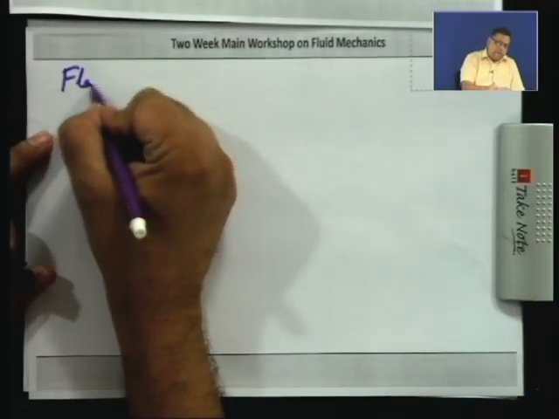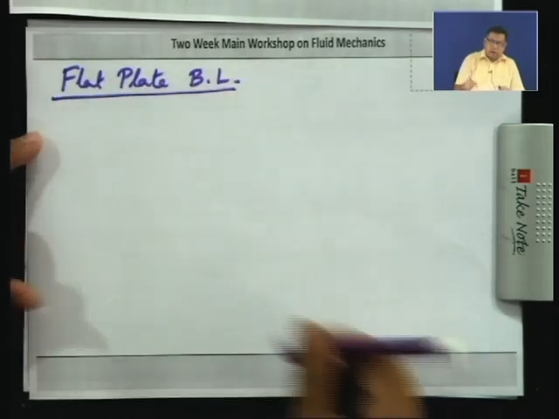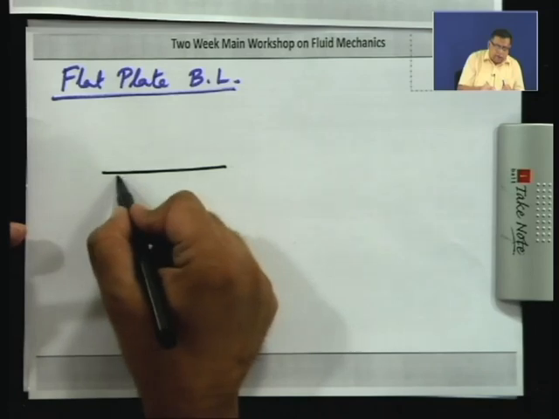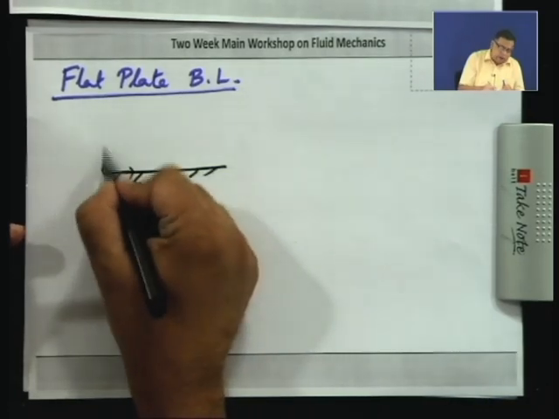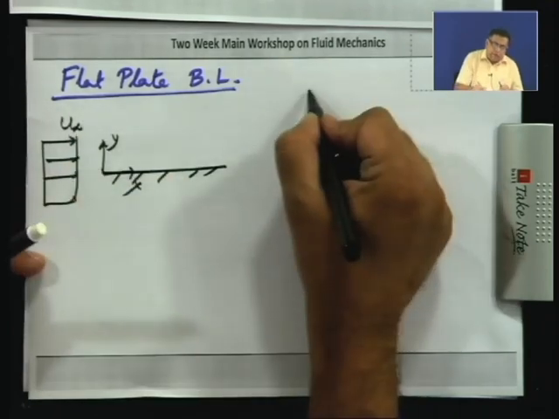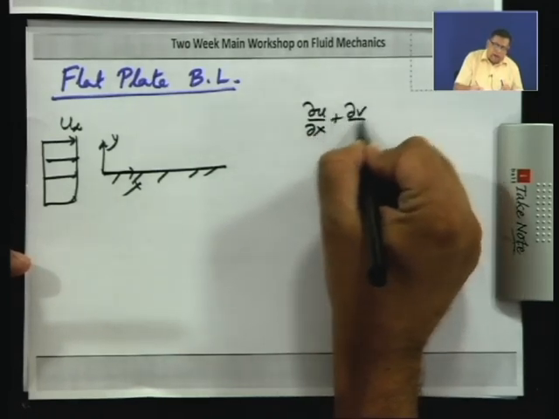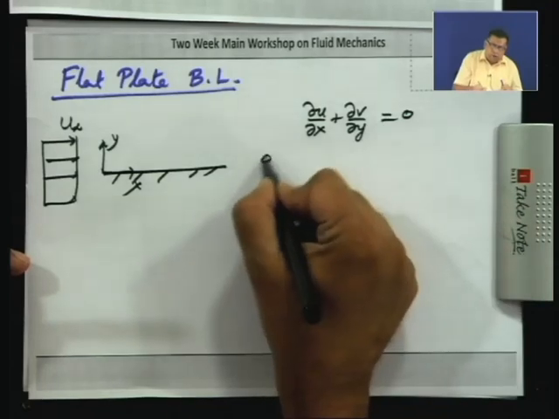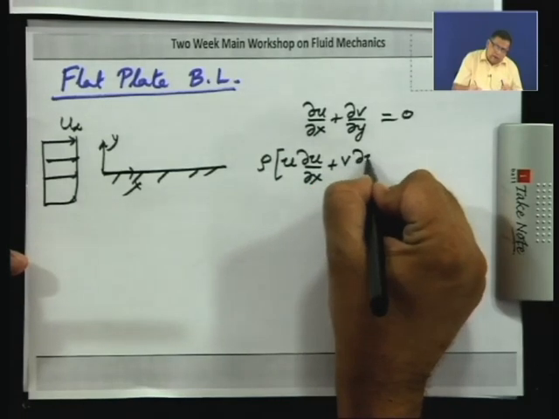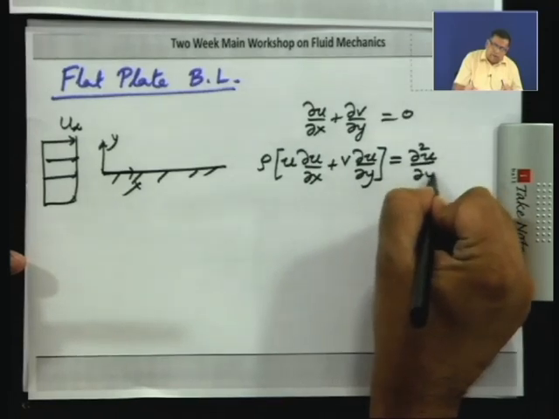So, for the flat plate boundary layer, this is the plate, this is x, this is y, upstream flow is u infinity. We will solve these equations: ∂u/∂x plus ∂v/∂y equal to 0, ρ times u ∂u/∂x plus v ∂u/∂y equal to μ ∂²u/∂y².